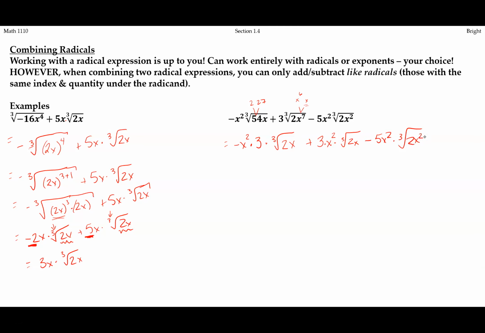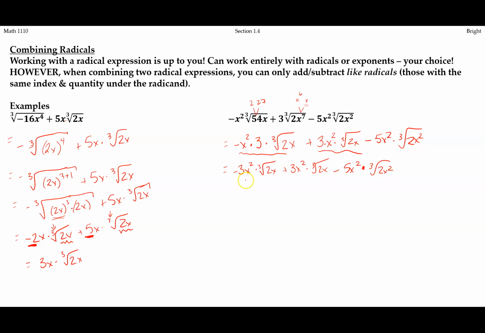What I think happens is something kind of unfortunate, but I can express this as minus 3x squared times cube root 2x, I forgot the cube, and then plus 3x squared times cube root 2x, and then minus 5x squared times cube root 2x squared.